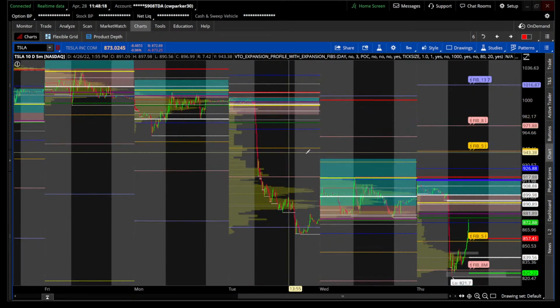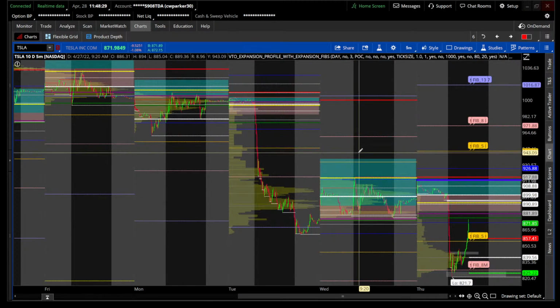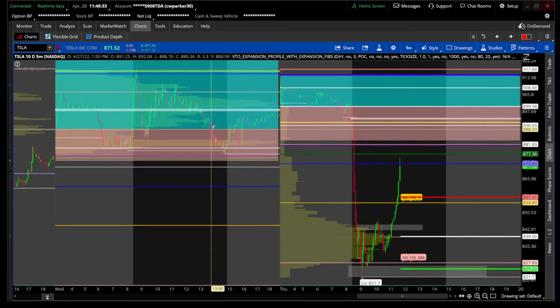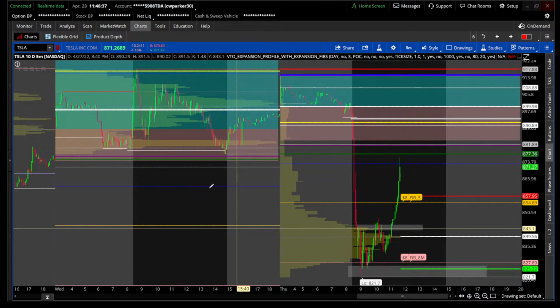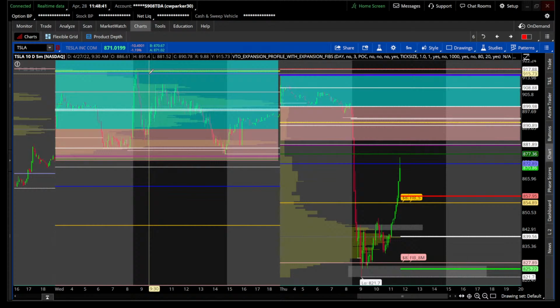And you see that's how you use these Fibonacci levels or Fibonacci expansion levels. And they're expanding away from a certain area. And that key area was the point of control. And this would be the point of control. And you can see how Tesla really expanded from this point of control up to 3%.